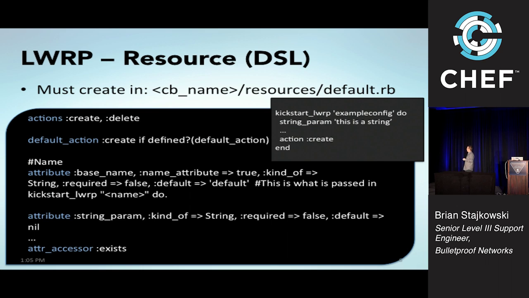And you're going to notice here in a minute when we actually instantiate the resource that it takes out the dash or takes out the underscore, and it becomes a capital letter afterwards. Now, I did name it default.rb underneath my resource folder. Default.rb enables me to only call it by the cookbook name. So if you were to say create.rb, if that were your file name, it would be kickstart_LWRP_create. Pretty simple, right?